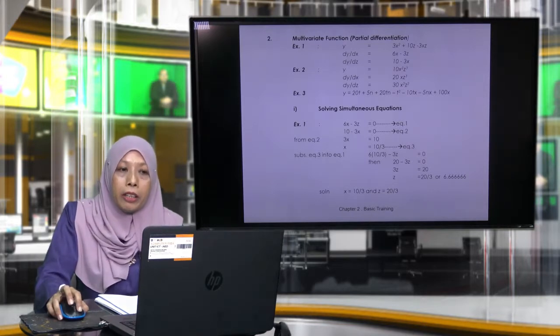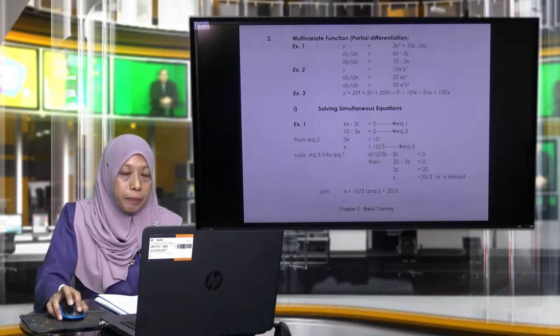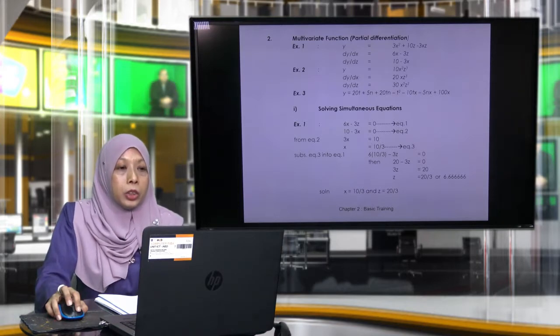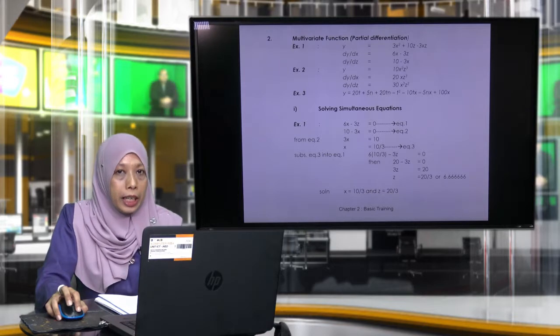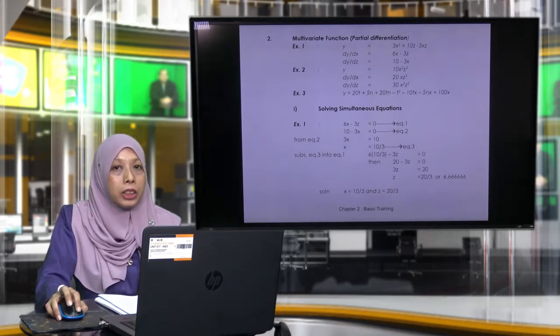Because you have more than one independent variable, this function is what we call a multivariate function. Now, given a multivariate function, how are you going to differentiate it? To differentiate a multivariate function, you need to use a technique we call partial differentiation.